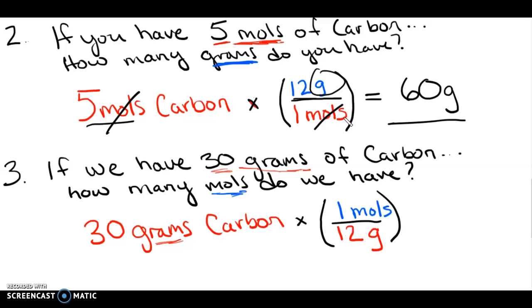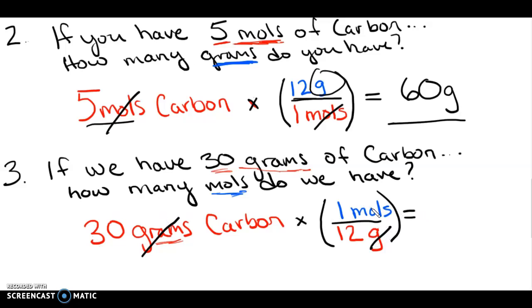So notice it's the same conversion factor, but it's flipped on its head. It doesn't really matter if it's flipped like this or the other way. We just have to make sure that the thing that we want to get rid of is on the bottom. So grams here is going to cancel with the grams on the bottom. We're going to end up with moles.